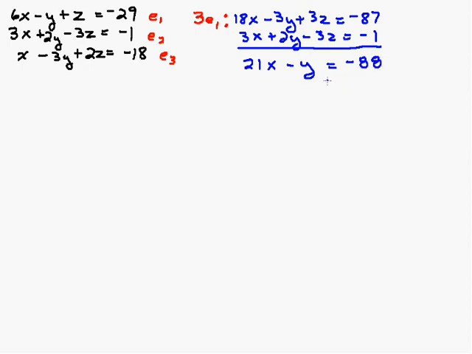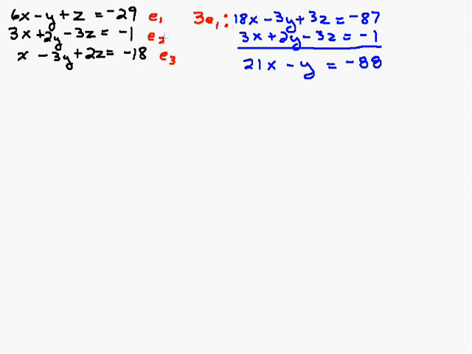We've got an equation with just x and y, and we want to create another one of those. So we're going to go back over here, and we've already done equation 1 and equation 2 together, so we could either do equation 1 and equation 3 or equation 2 and equation 3, and we're still trying to get the z's to drop out. If I do equation 1 and equation 3, I'd have to multiply equation 1 by -2 to get the z's to drop out.